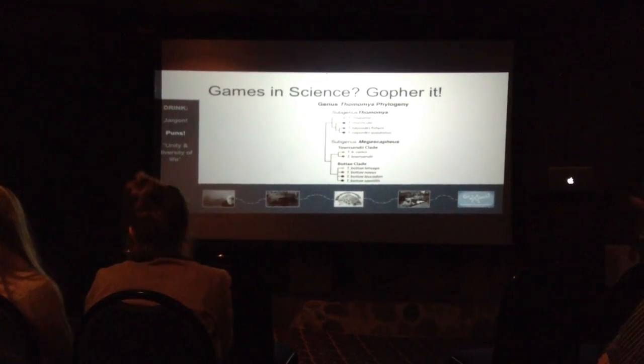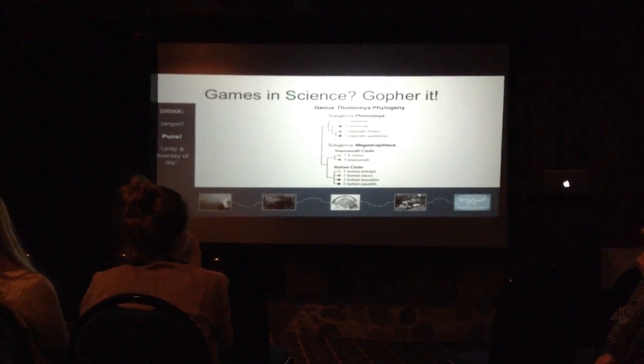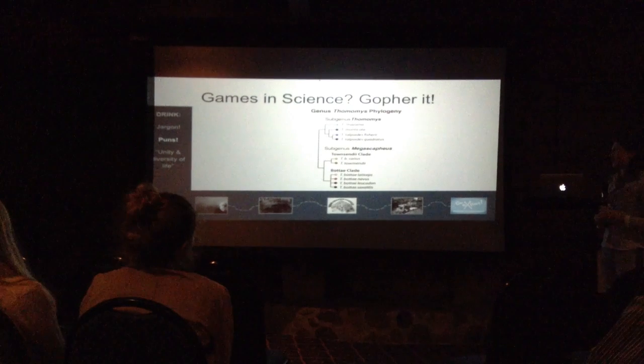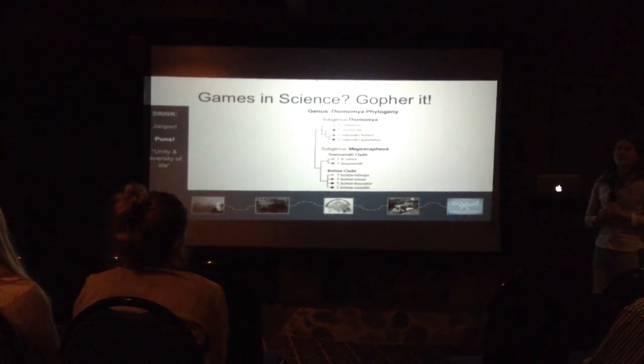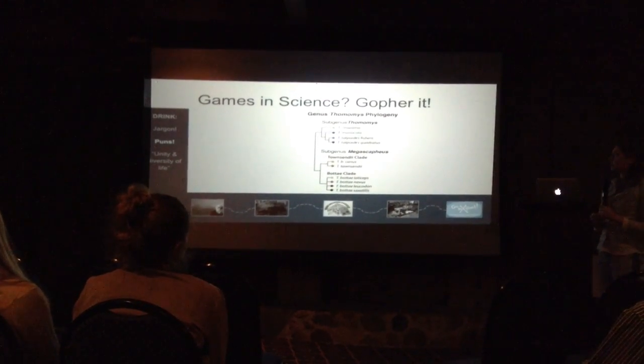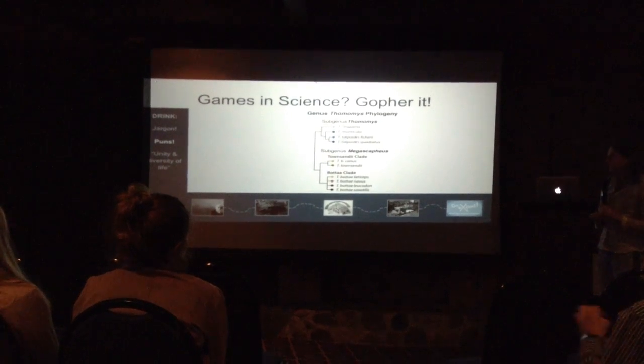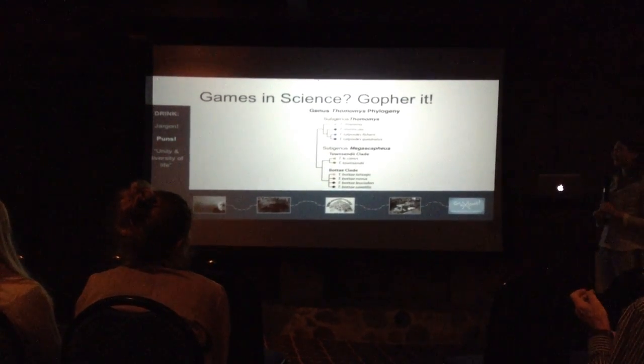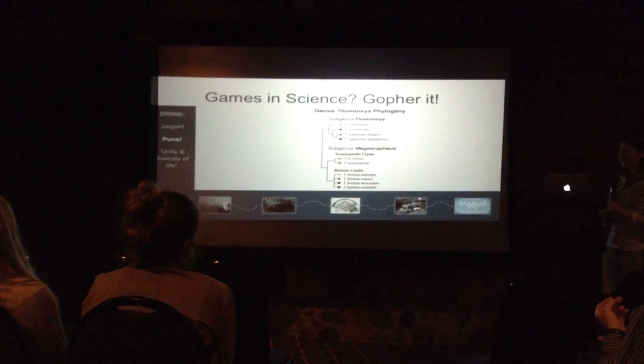So the research that I did prior to my PhD was on a group of animals in North America called the gopher, which you may have been introduced to by a Bill Murray movie, which I've avoided watching. I just can't. It's probably not actually a gopher in the movie.